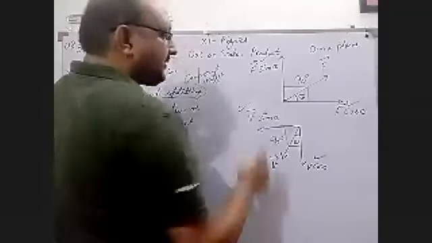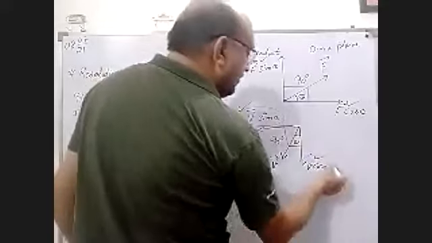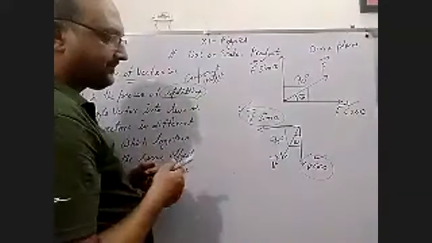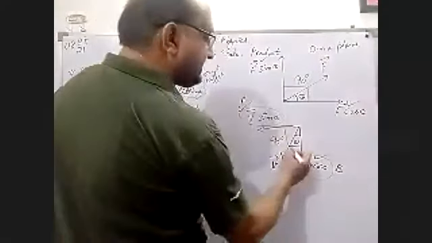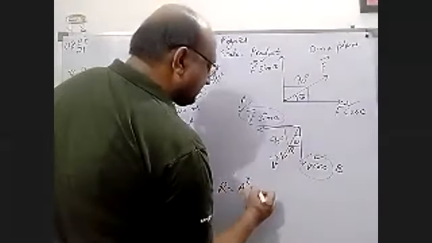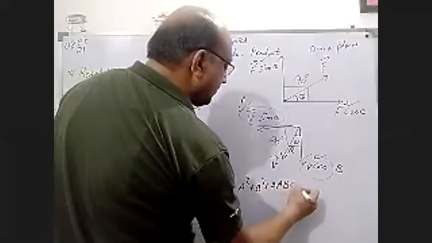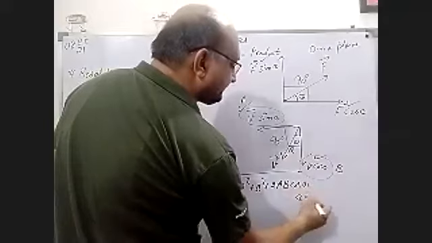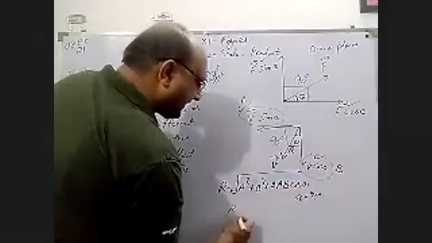If you take the resultant of these two vectors, suppose this is A, this is B, and this is R, you have the formula A square plus B square plus 2AB cos theta, under the root. Here you put theta as 90 degrees, and after solving, you get the same effect.